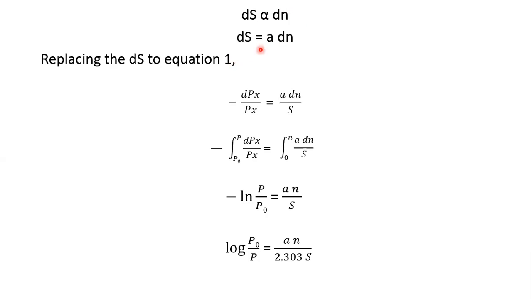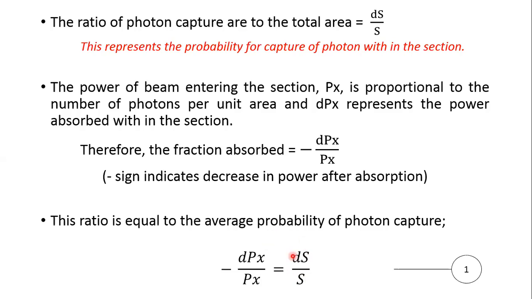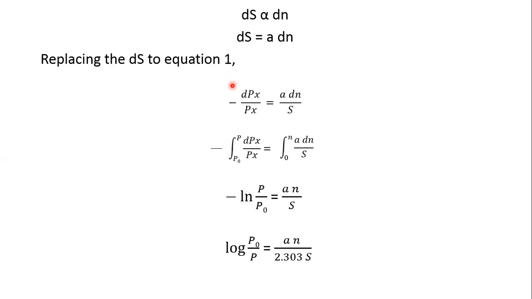Now replacing this value of dS into equation 1 that we discussed earlier, we get a modified relationship, that is minus dPx upon Px is equal to a dn upon S. Now when we integrate this equation, the power of light goes from P0 to P. The minimum power, that is the initial power entering the block, will be P naught, and the maximum, the final power, will be P. Similarly, dn, the number of species, can be minimum 0 and maximum n.